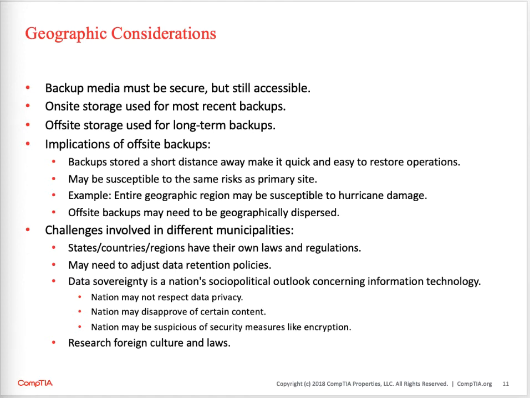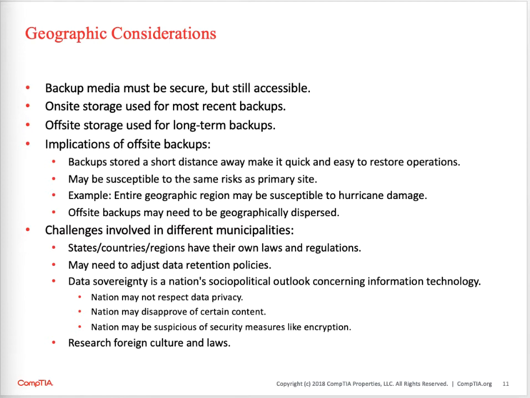There are implications when it comes to having off-site data, right? For one, having our data a short distance away makes it easier to grab it and restore operations. However, it's possible that anything that happens to our primary location happens to the backup location, right?